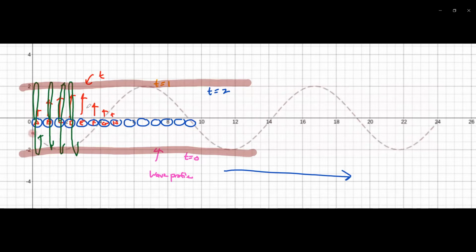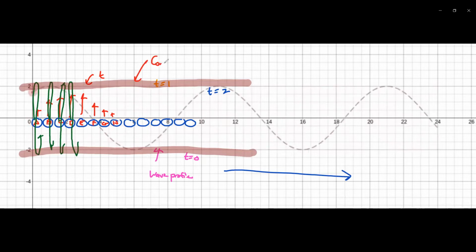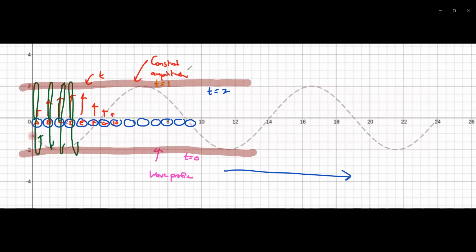All the particles will oscillate up and down as the wave profile travels, but you notice that the amplitude, which is the maximum displacement from equilibrium, for all the particles is the same. This is what we mean by constant amplitude for progressive waves.